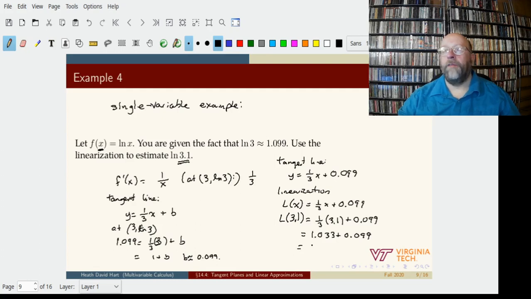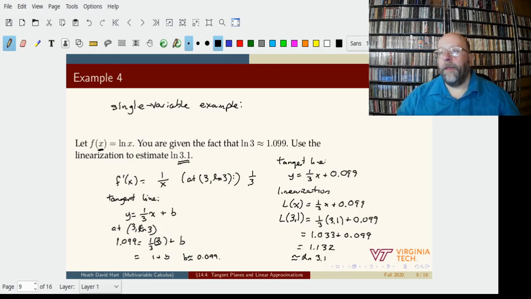And that's 1.132, basically. All right. And again, this is an approximation, but this is approximately the natural log of 3.1.